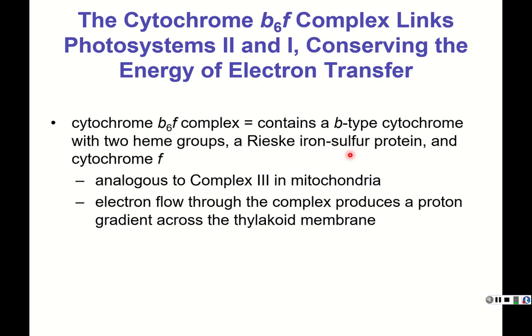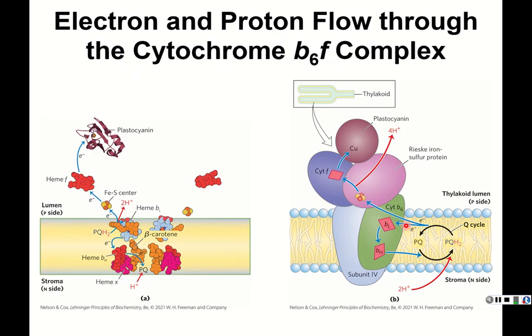So not really something that you need to know, but that's where this name is coming from. And again, it's analogous to complex 3 in mitochondria. The electron flow through this complex produces the proton gradient. So it's one of the ways in which this proton gradient is being produced by electron flow.